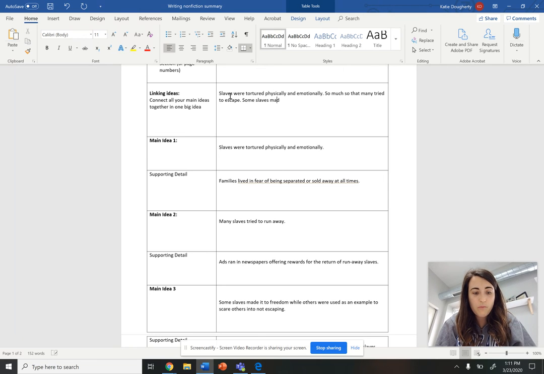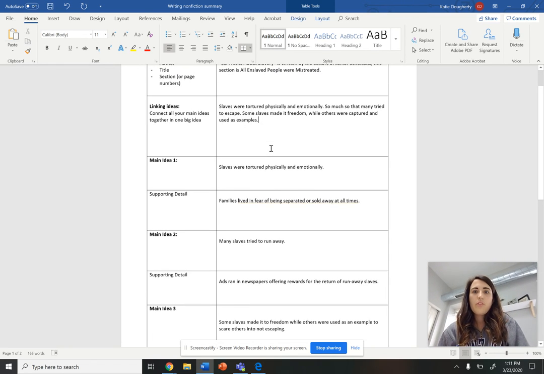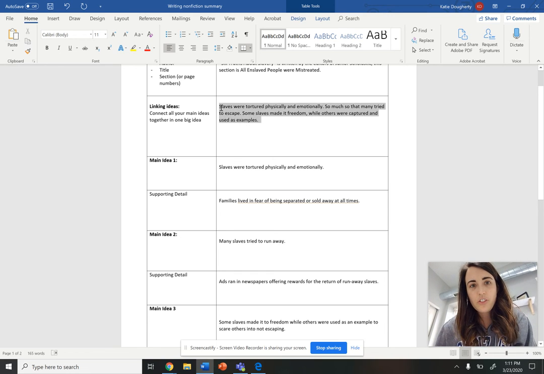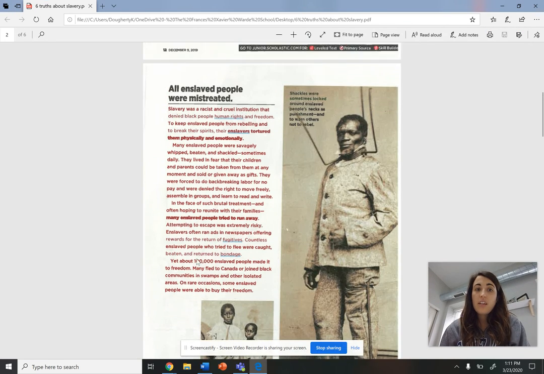Some slaves made it to freedom, while others were captured and used as examples. Right, so I changed it up a little bit to make it have a better flow. But basically what you want to do is just rewrite those main ideas here. And now we have our summary. Just 3 simple sentences that summarize this entire section here.